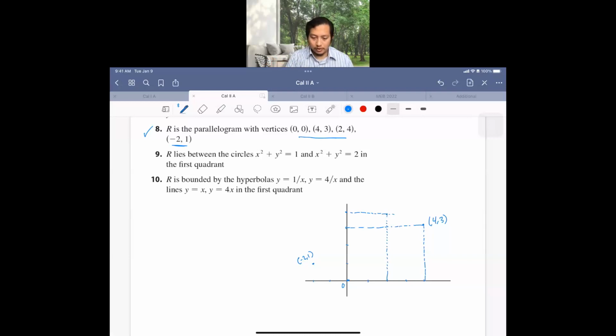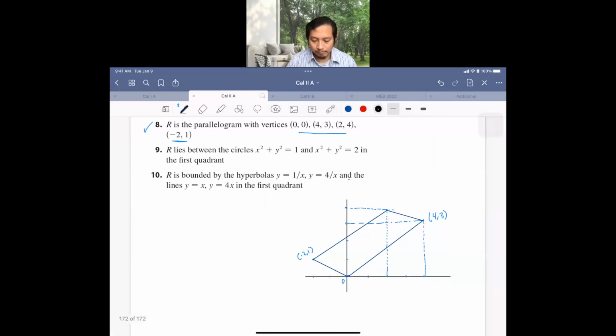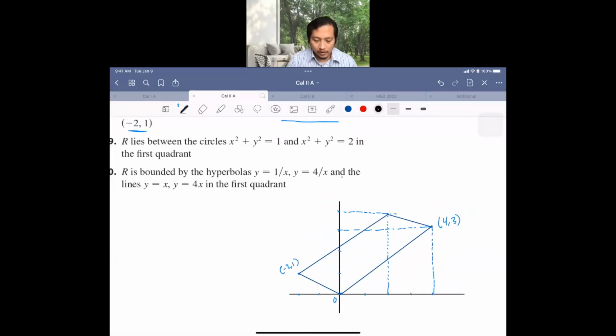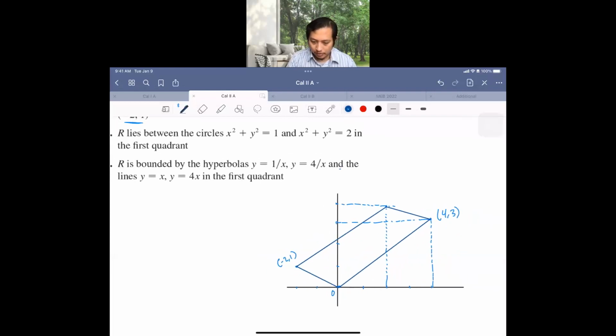So it's supposed to be, let me change the color to dark blue. Okay, that will do. And then, oh, I forgot to write down. This is 2, 4. This is 0, 0.